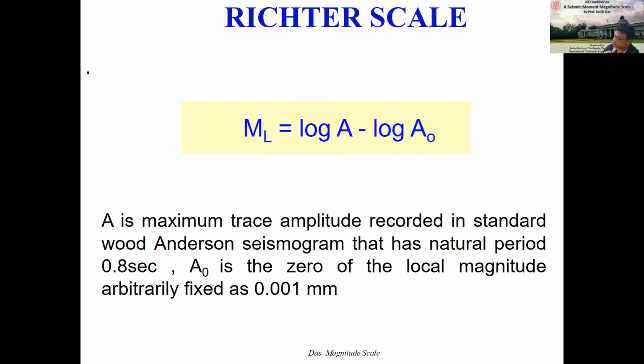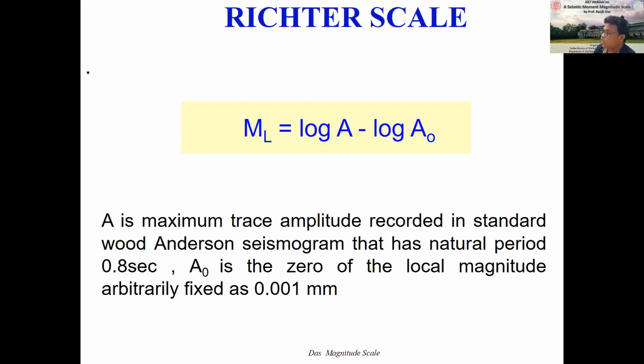Many developed countries, like Canada and some others, developed their own local scale. It is important to understand that the Richter scale has its own correction factor for its own tectonics. Canada developed their own scales, and other countries also did, but I think India is still using the Richter scale.